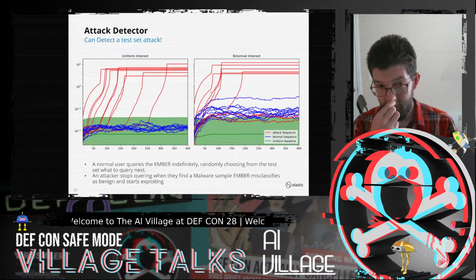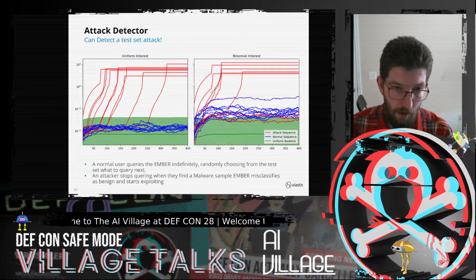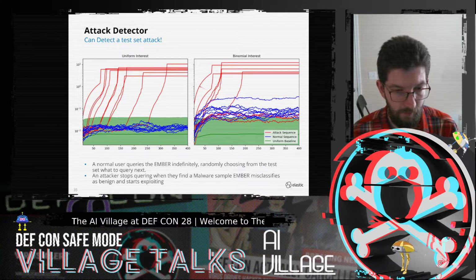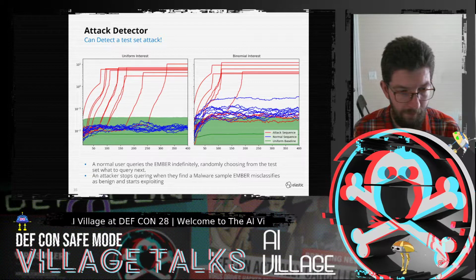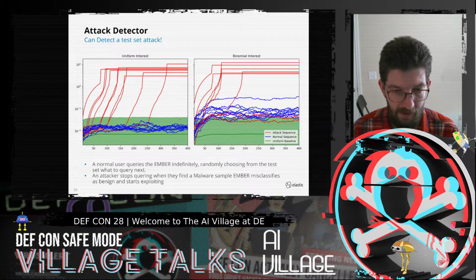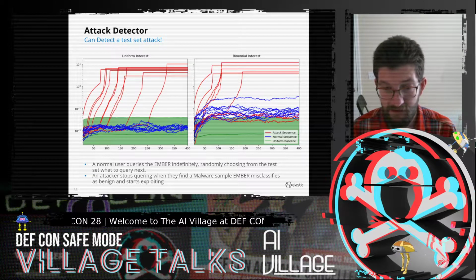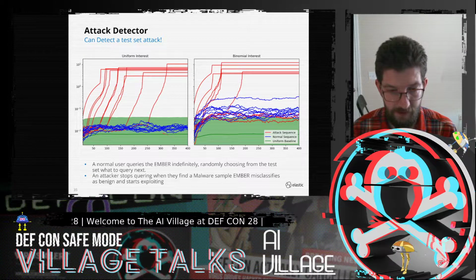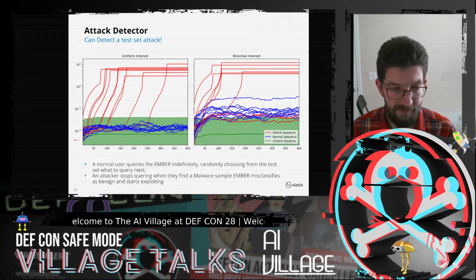So here's the KL divergence of the two systems. I have a baseline in green. This is what I normally expect my KL divergence to be, and the big band here is one standard deviation from the norm of my baseline.